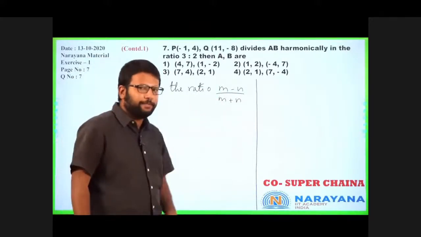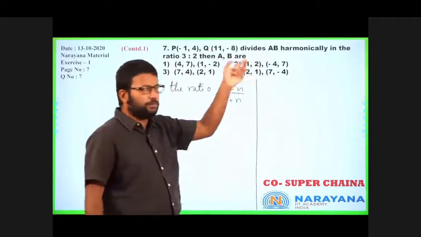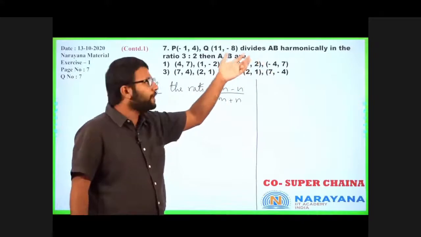Now why are we using this property? Because you see P and Q are known, but A and B are not known. The original points are not known.